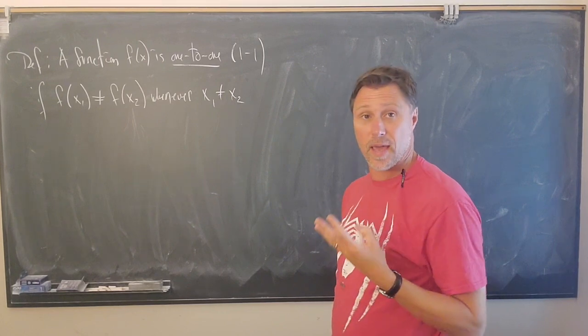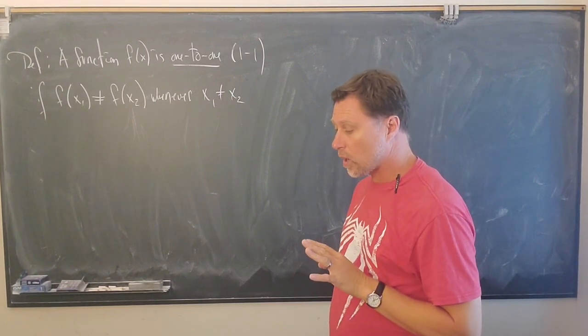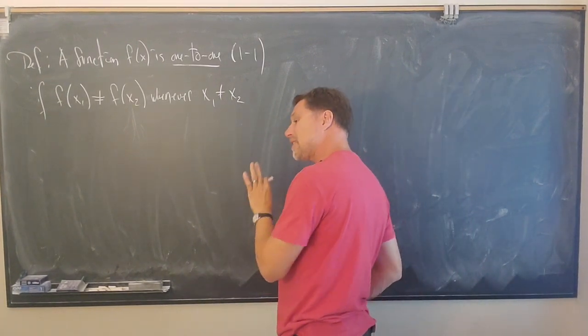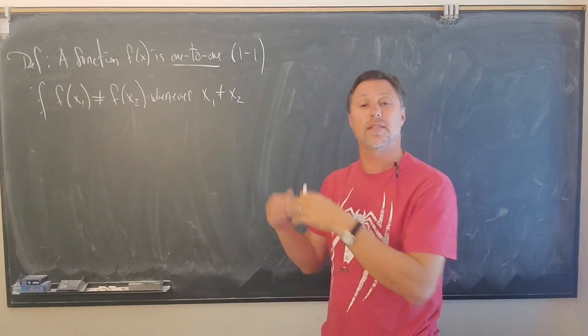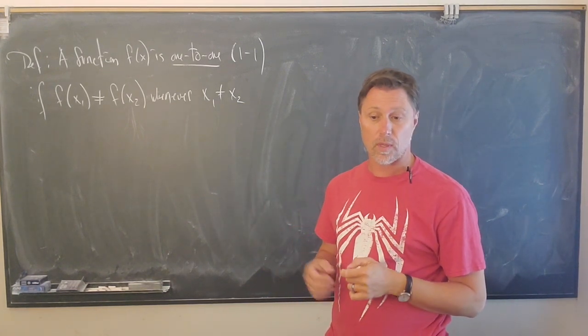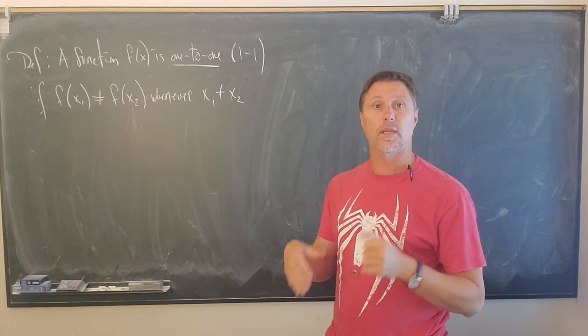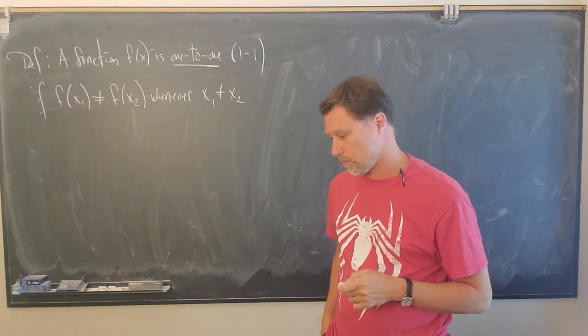So what this is saying is that a function's 1 to 1 if distinct inputs always give distinct outputs. Distinct inputs give distinct outputs.